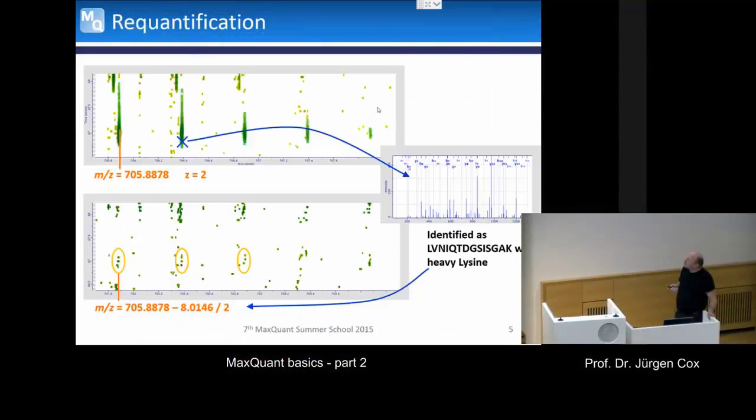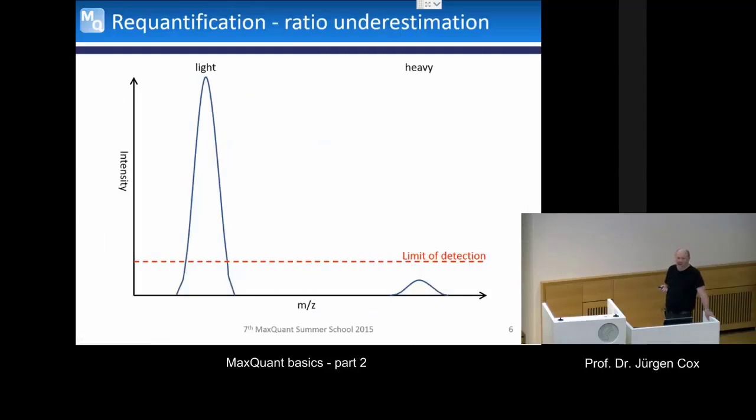The requantification comes with some special considerations. First of all, it's prone to underestimate the ratio. The reason is what often happens here.